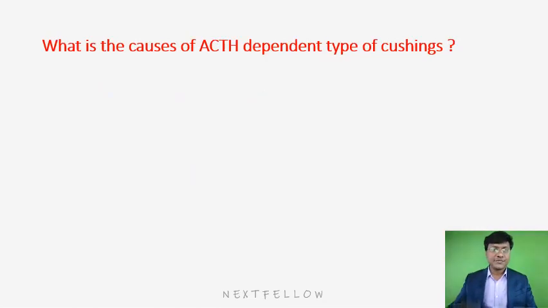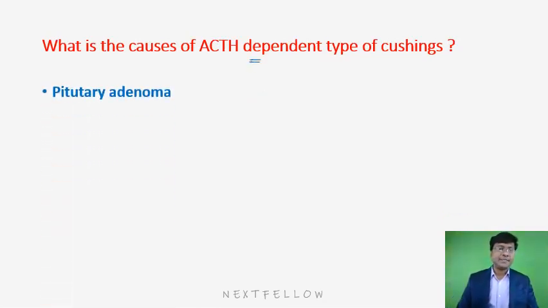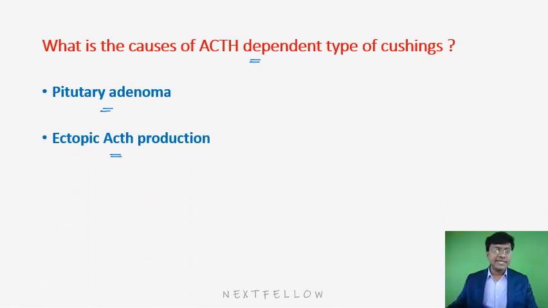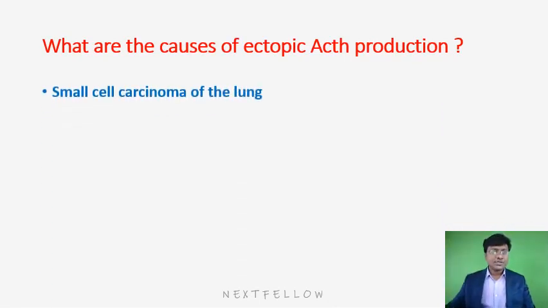Now let me discuss the ACTH dependent and ACTH independent causes of Cushing's. ACTH dependent Cushing's includes, number one, pituitary adenoma, that is a corticotroph type of pituitary adenoma. Then ectopic ACTH production. The causes of ectopic ACTH production include, number one, small cell carcinoma of the lung, which is also called oat cell carcinoma of the lung.